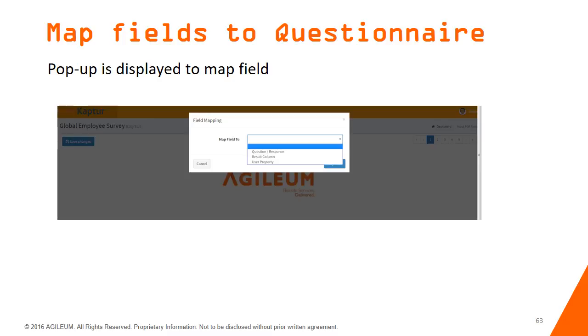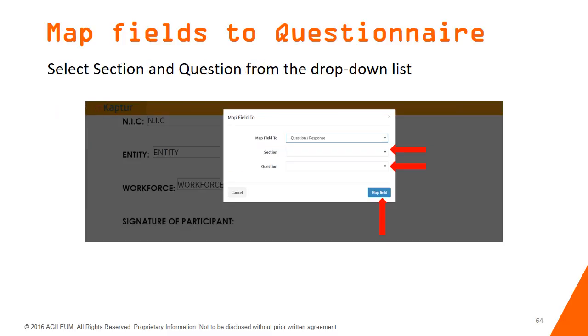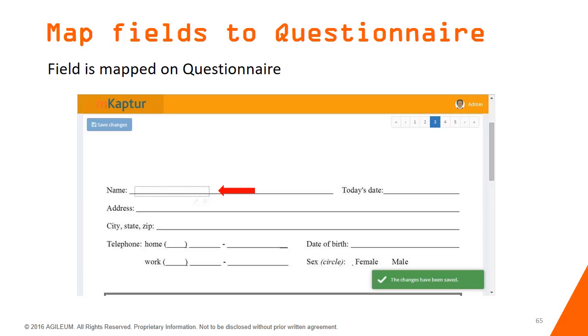Select Map field to question or response. Two more fields are enabled on the pop-up, Section, and Question. Select the section, and the question. Then, click on Map field. The field is mapped on the questionnaire.